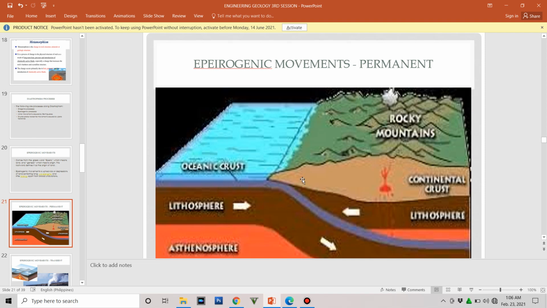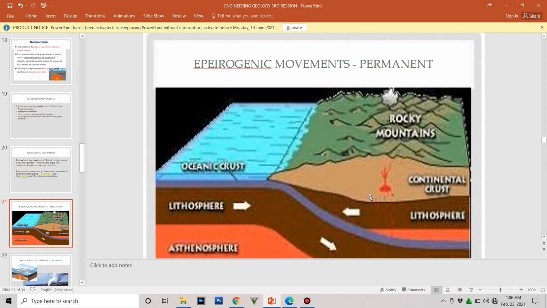So the tendency, iaangat niya yung nasa ibabaw. Okay? So we will have uplift over a large radius. So it is about tens to thousands of kilometers. So this is actually one characteristic of a mantle plume.